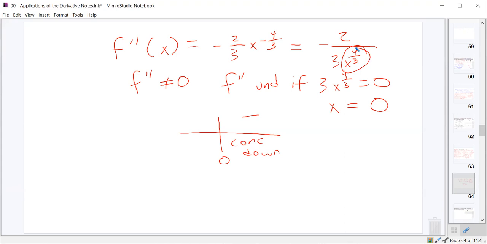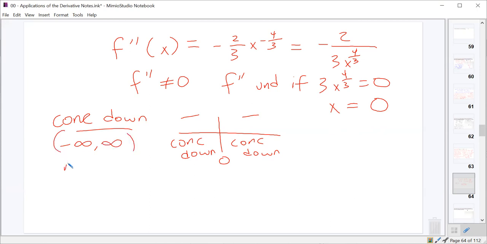But when I raise it to the 4th power, it turns it into a positive. And with the -2 up there in the numerator, that's going to turn that all into a negative as well, telling us this function is concave down on its entire domain. So we would state that it's concave down from negative infinity to infinity. It is never concave up.